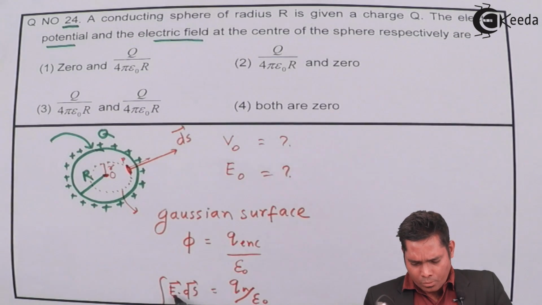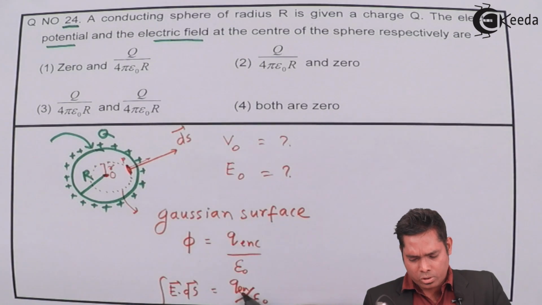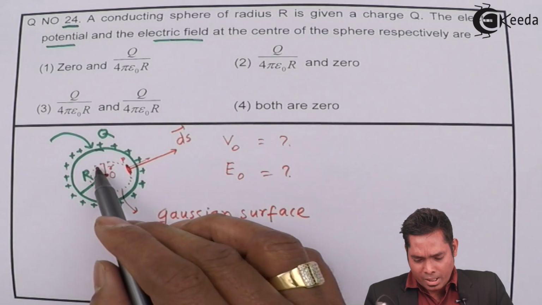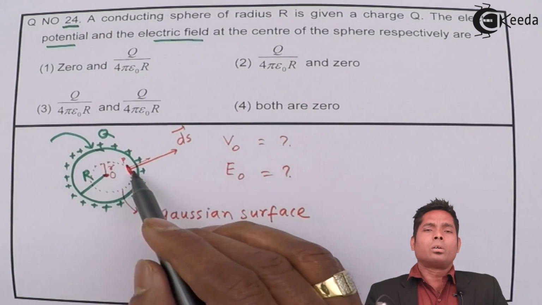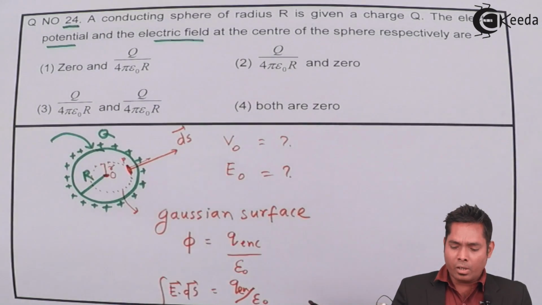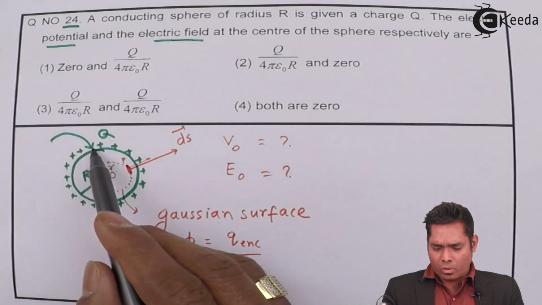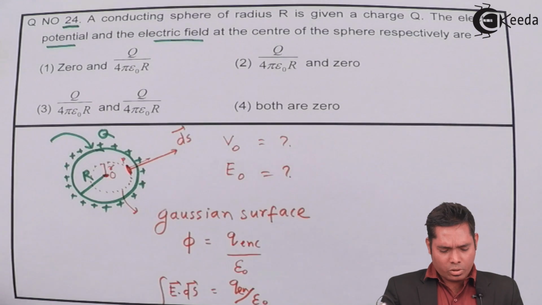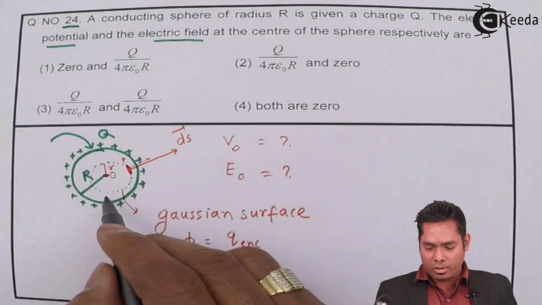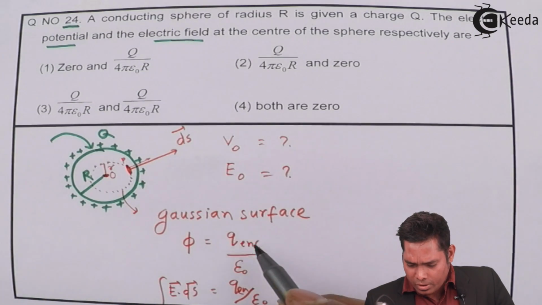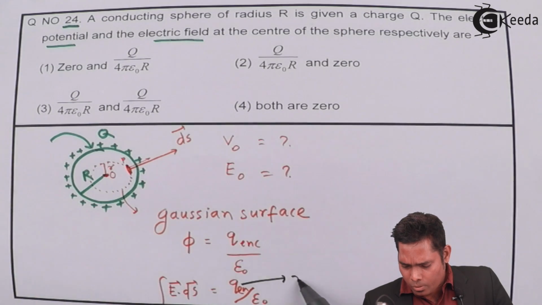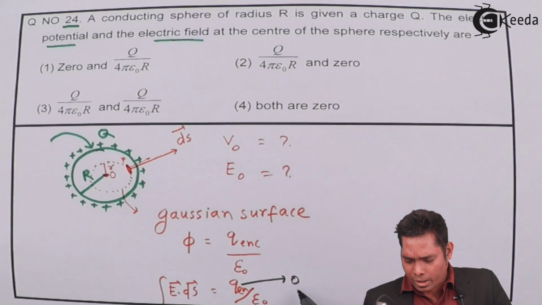But to find E, the value of the charge enclosed is to be put here. And how much charge is present within the Gaussian surface? The answer is 0, because all the charges are residing on the surface, so there is no charge within the Gaussian surface. So this value will be 0, and 0 upon whatever you do is 0.